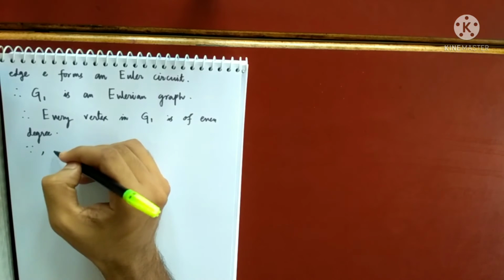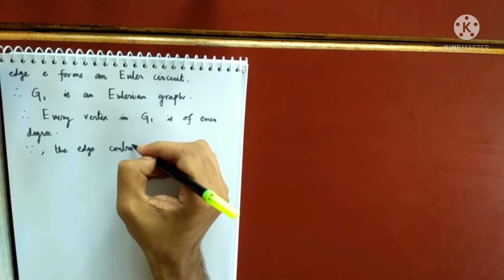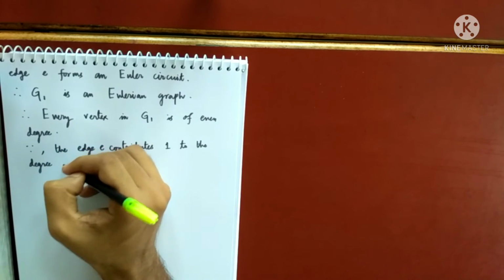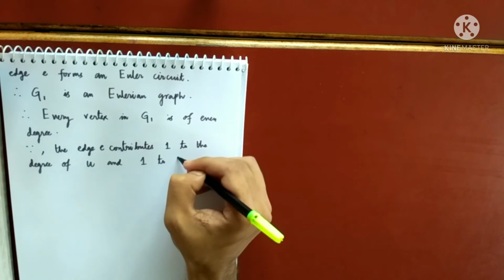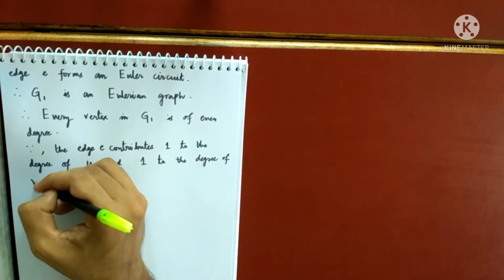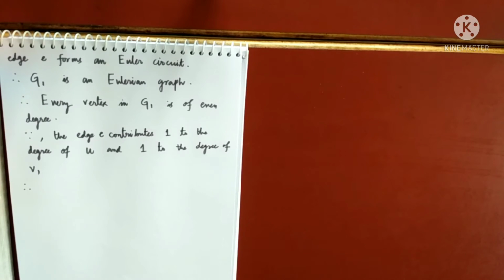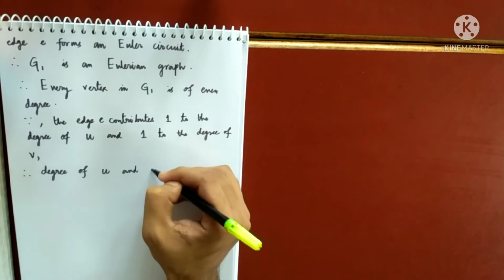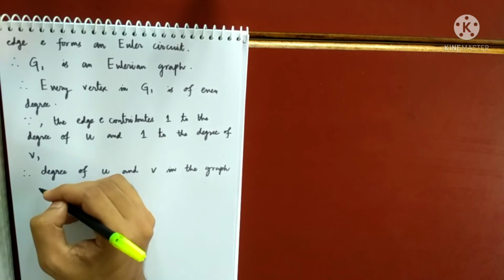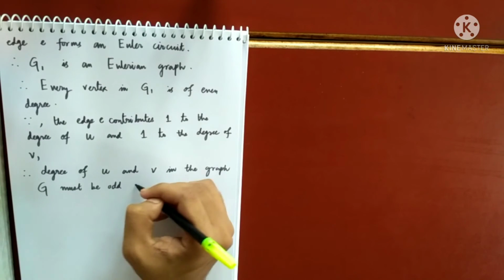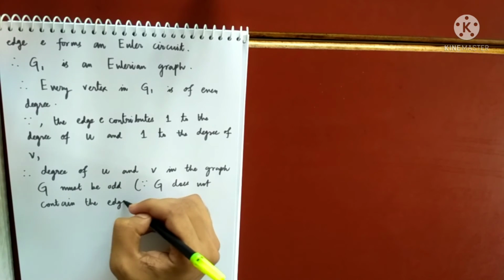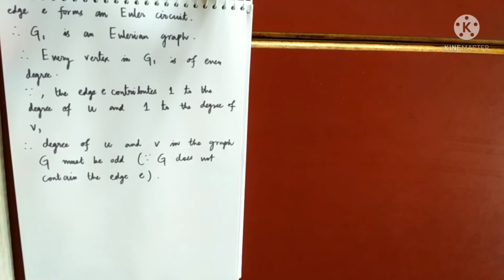So, since the edge E contributes 1 to the degree of U and 1 to the degree of V, therefore the degree of U and V in the graph G, not G1, must be odd, since G does not contain the edge E. Due to this contribution of E, the degree of U and V were both even.